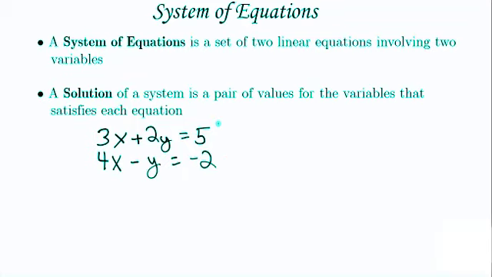So a solution for this system of equations would be a value for x and a value for y that would work for each equation. So if I figured out the value of x and the value of y and inserted those into the first equation and the second equation, those two equations would both hold up. They would both hold true.